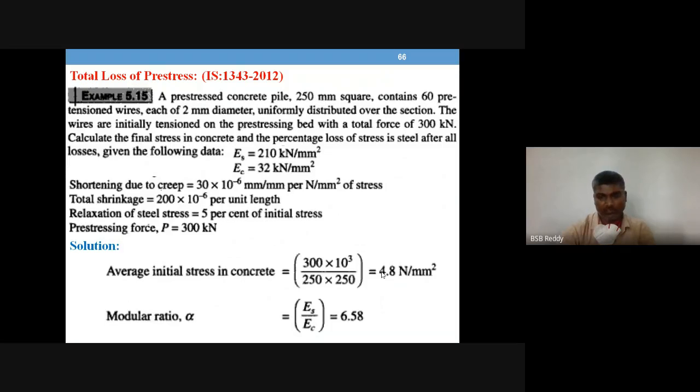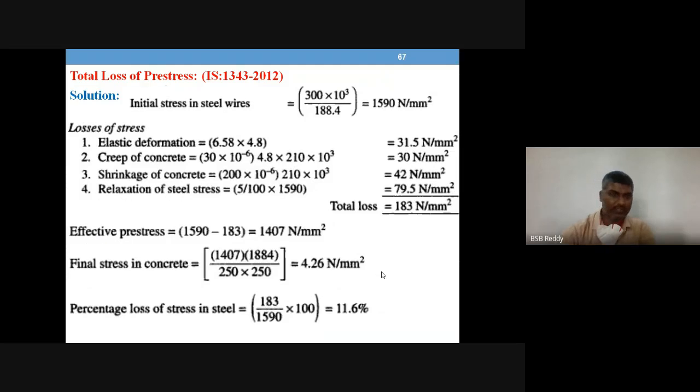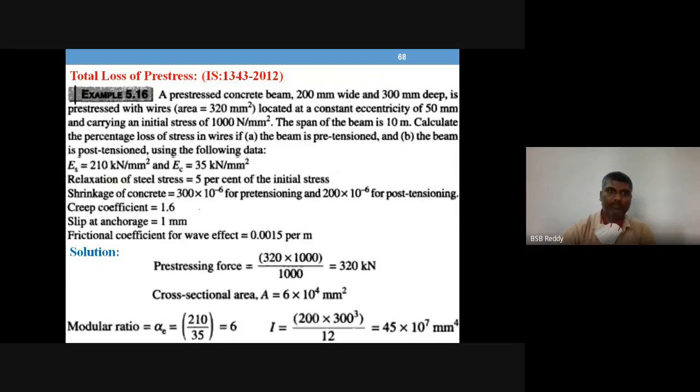There are four types of stress losses in pre-tension members: one is elastic deformation, creep of concrete, shrinkage, and relaxation of steel. So there won't be any frictional loss, and there won't be any anchorage slip. Those two will be absent in this case, right?